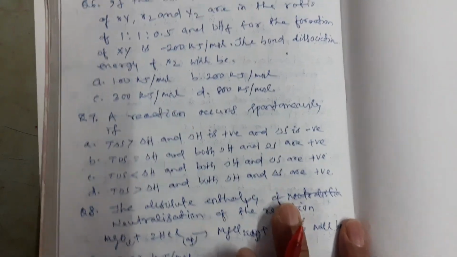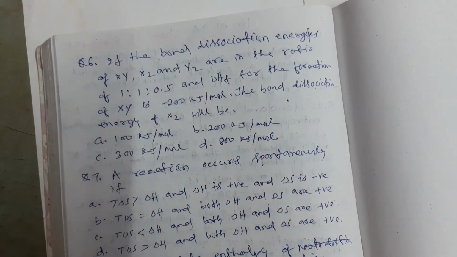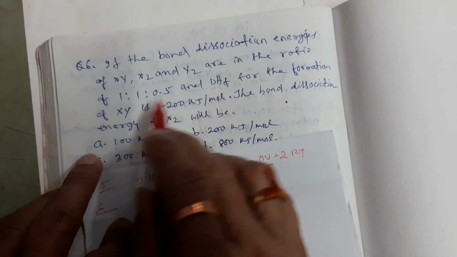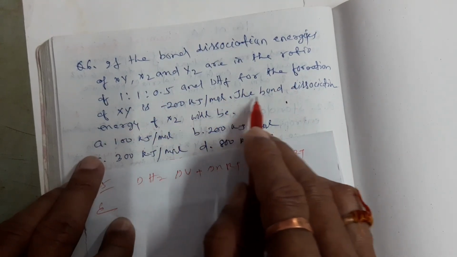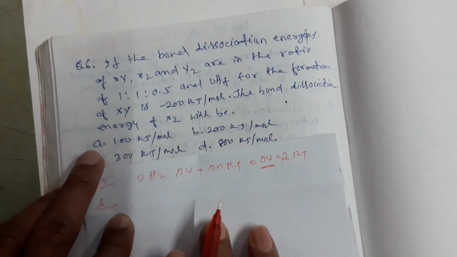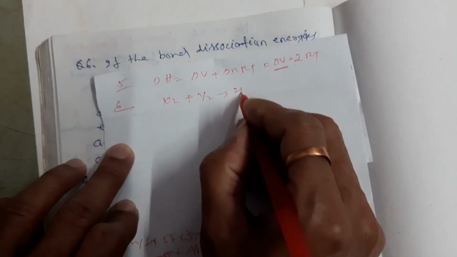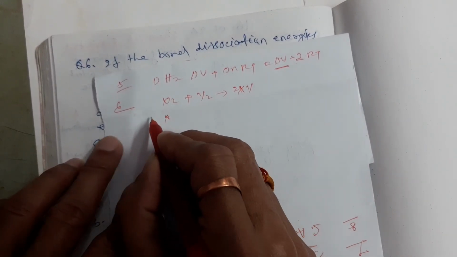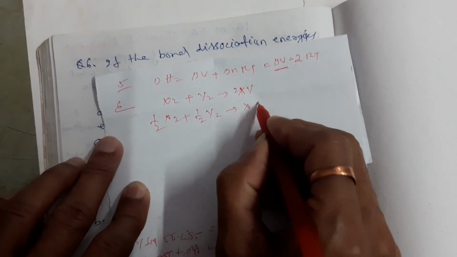Next, question number 6: if the bond dissociation energies of XY, X2 and Y2 are in the ratio 1:1:0.5, and delta H of formation for XY is this much, the bond dissociation energy for X2 will be what? X2 plus Y2 giving 2XY. So you take half X2 plus half Y2 giving XY.